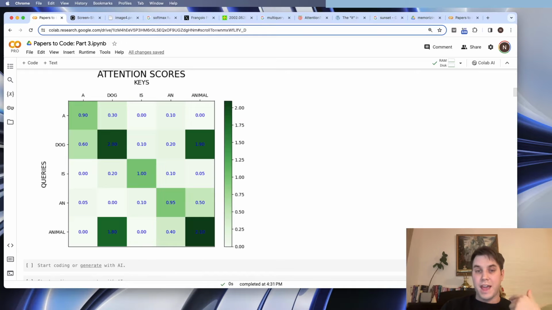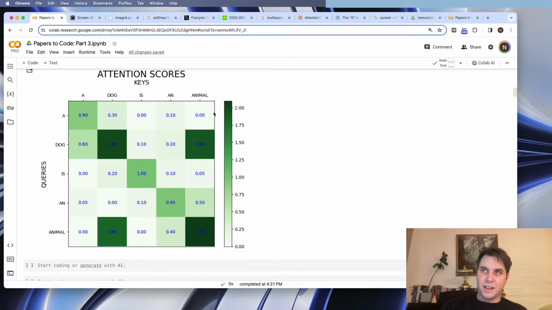Okay, something we need to add in here that's not in the equation is the causal mask. So this is a decoder model, meaning that we want the model to look at a string of text and predict the next word. So we have our original sequence, "a dog is an animal", and what we do with self-attention is actually create 5 distinct training tasks out of this one sentence in parallel.